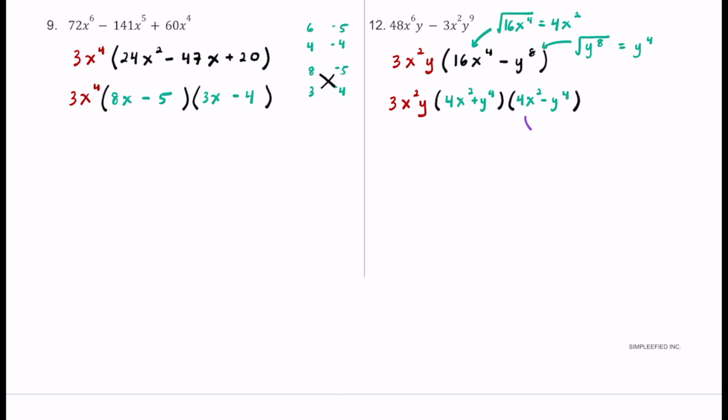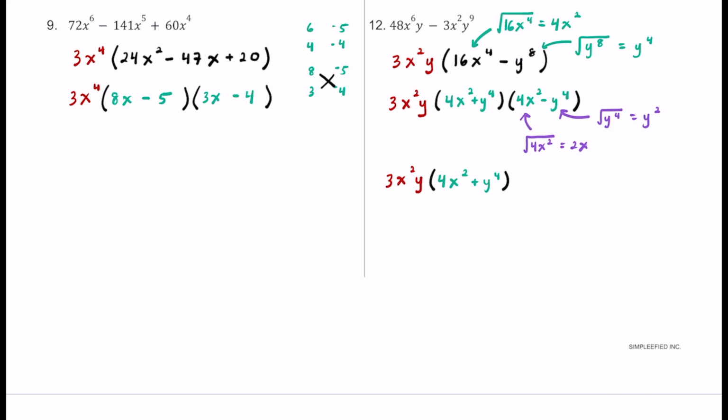I'm gonna go ahead and write this underneath because I have some space. So the square root of this 4x to the 2nd power, that's going to be 2x. And if you look at this, y to the 4th power, that's another perfect square. So we have y to the 4th power, but the square root of that is going to be y to the 2nd power. So this one's going to factor again, right? So let's take this 3x to the 2nd power y right in the beginning. And then the second one can't be factored anymore, this binomial of 4x to the 2nd power plus y to the 4th power.